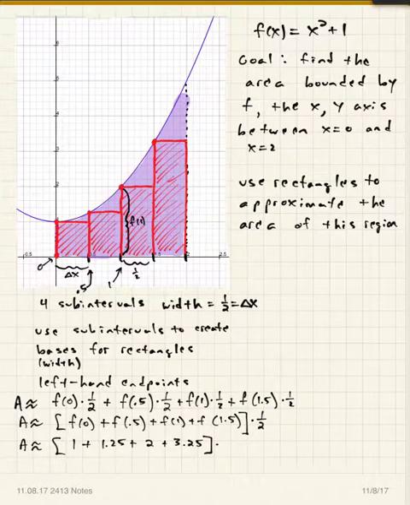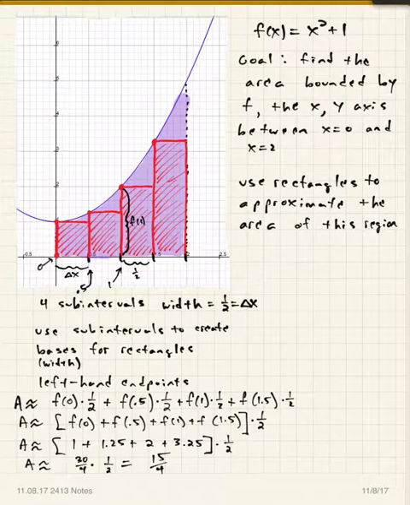And that'd all be times 1/2, or 0.5 if you wanted to write it that way. So when you do all this arithmetic and multiply by 1/2, you get 30/4 times 1/2, or 15/4. And that's our first approximation.